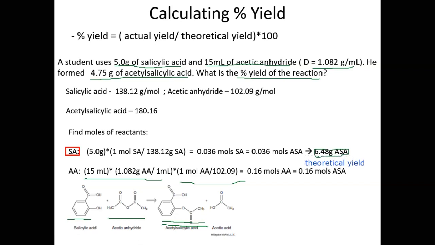And now using that and the actual yield, which was 4.75, we can calculate the percent yield. In this case, the percent yield is about 73%, which is not bad for a known reaction. Typically, between 70 and 100% is good for reactions that are well known, so reactions you do in the lab. And this is the only calculation you would do for this type of experiment, because you just want to calculate the percent yield.